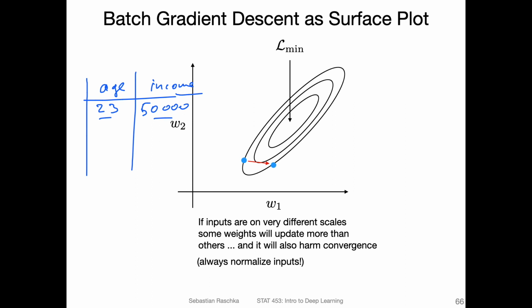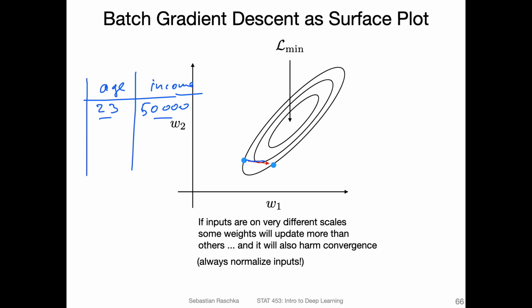So what happens, or what the problem is, is that these contour lines will be more skewed, more elliptic, and then it will be harder to update, because remember, we are computing the gradient of the loss, so that considers all the directions.